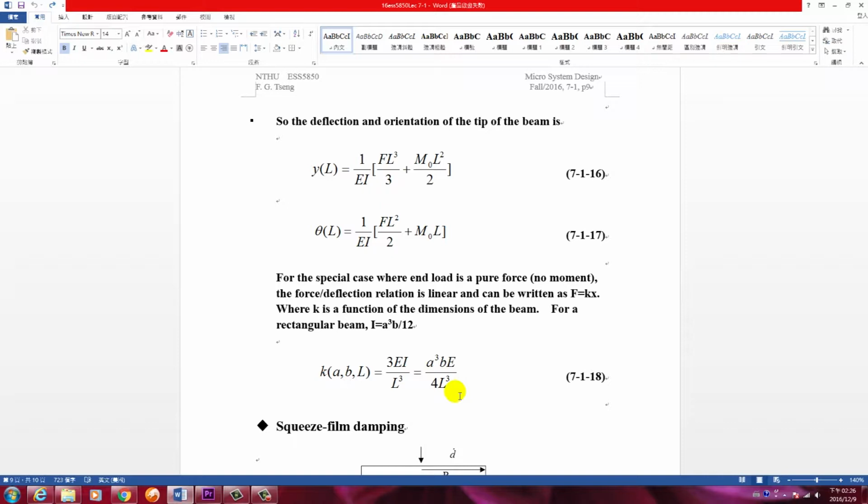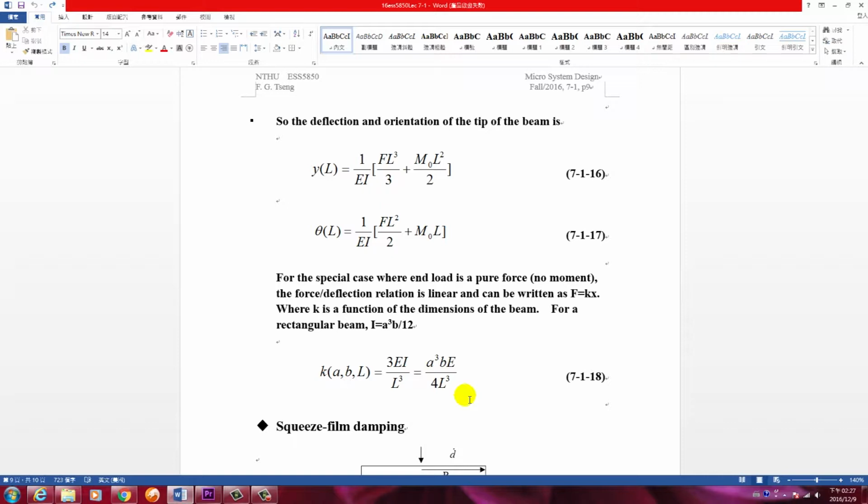To make a very strong spring for a cantilever, increase the Young's modulus, increase the moment of inertia, but reduce the length of the beam. And vice versa.